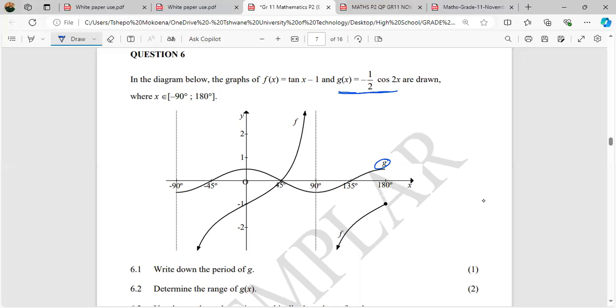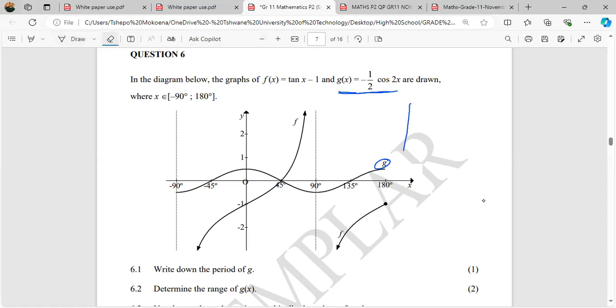As much as I've taught you to always look at what the mother graph actually looks like, it's very helpful and it will make your understanding much better while you refer to your mother function. Remember, I spoke about the mother graph. I said the mother function is a graph that actually looks like this.